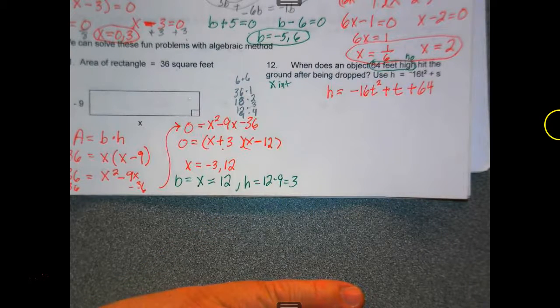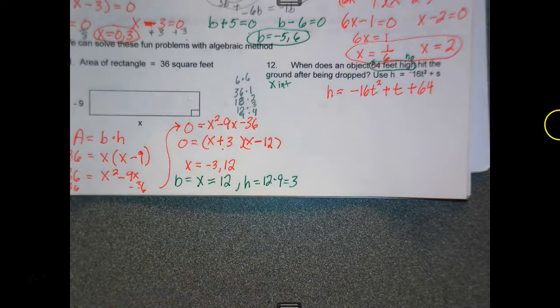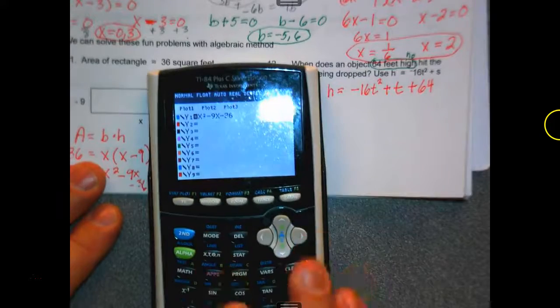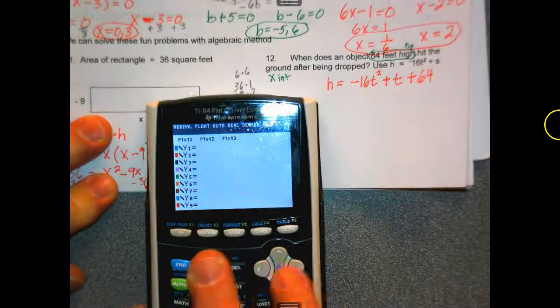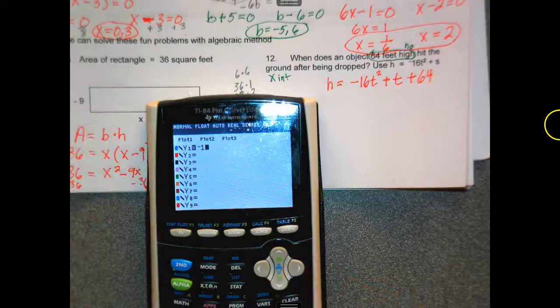Now, you can either factor this, good luck, or put it in your calculator. All right, let's see, negative 16t squared plus t plus 64.